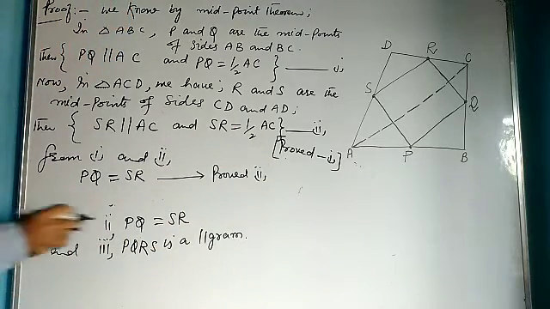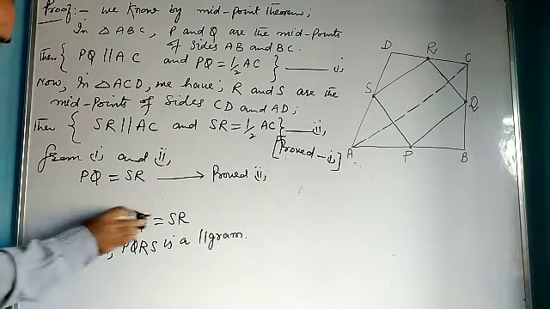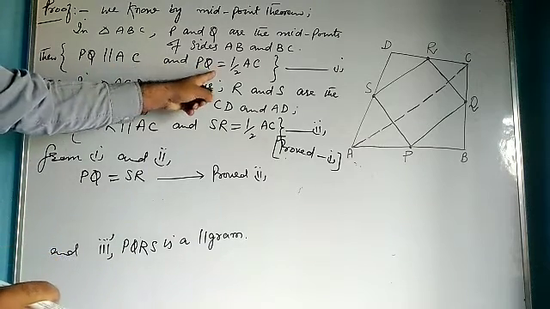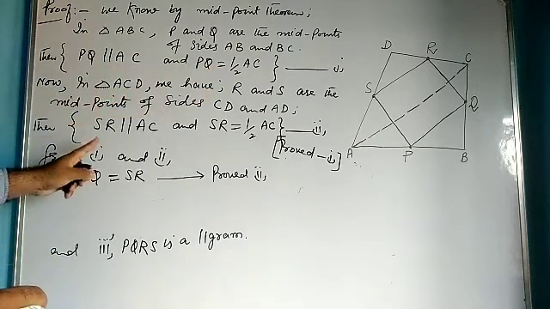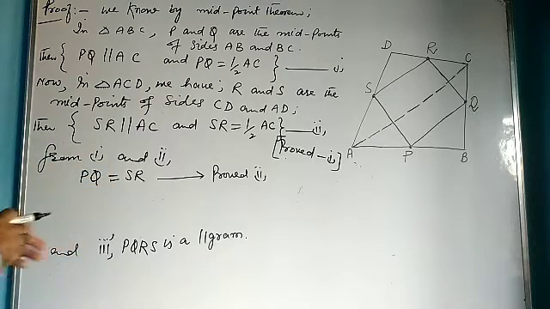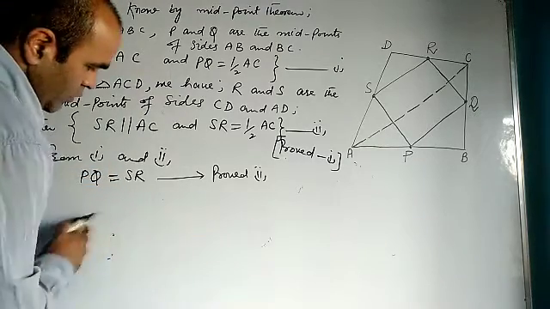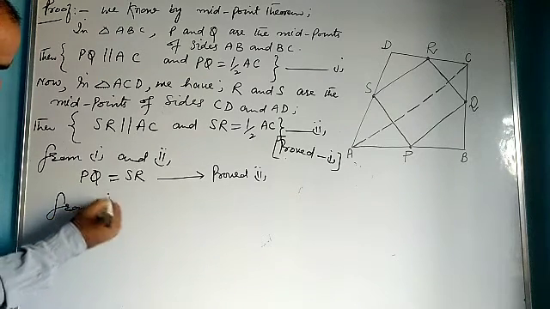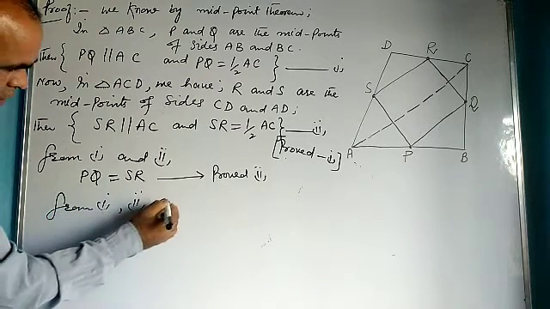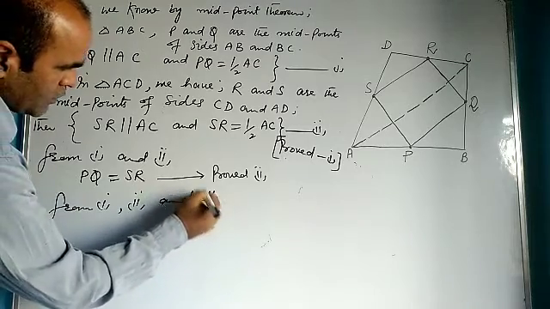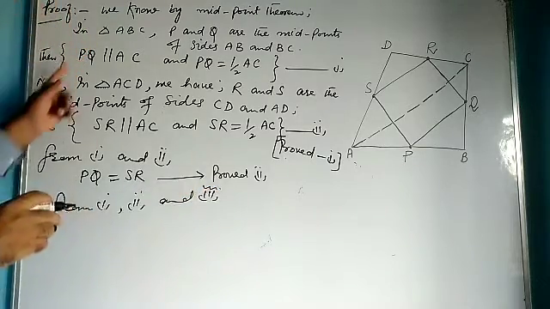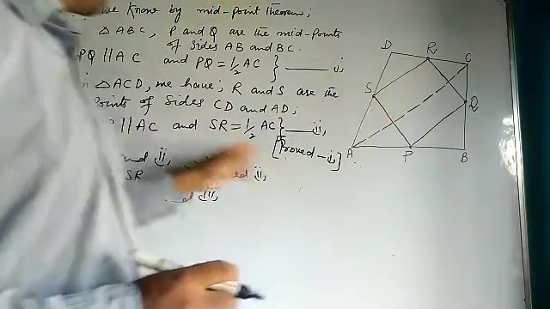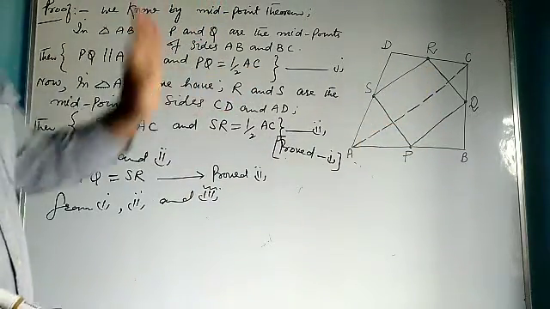Now from first, second and third. See, first is PQ is parallel to AC and PQ is half of AC.